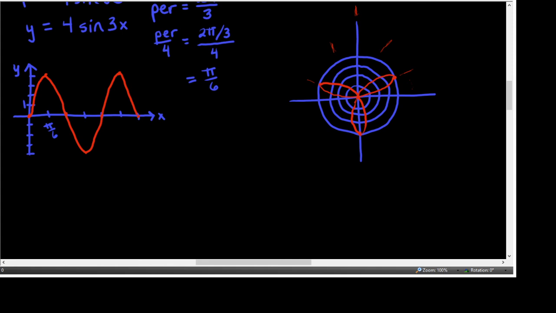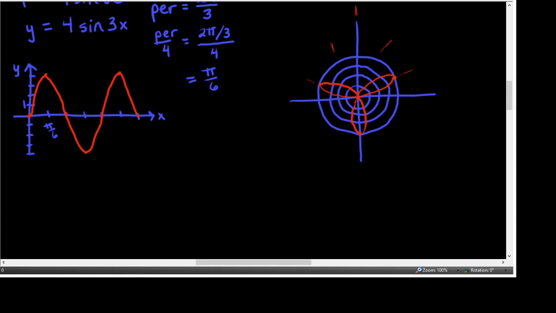Like the very first one, you have values of a and b, and r equals a plus or minus b cosine theta. Depending on the values of a and b, you're going to produce different types of graphs: limacons with an inner loop like we did before, a cardioid, which is a heart-shaped graph, a dimpled limacon, and a convex limacon.